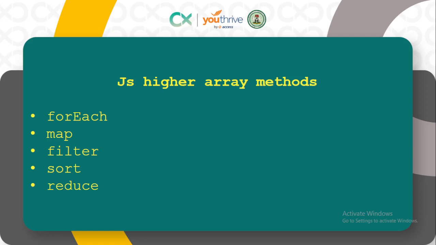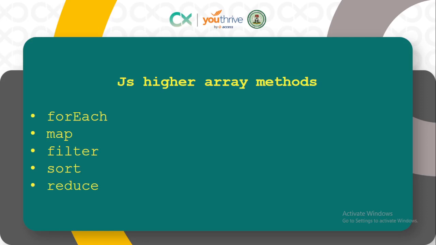So we are going to see some of the higher array methods, which are somewhat different from the for in and for of loops we did. As the name suggests, higher array methods are built into JavaScript and are only used for arrays.